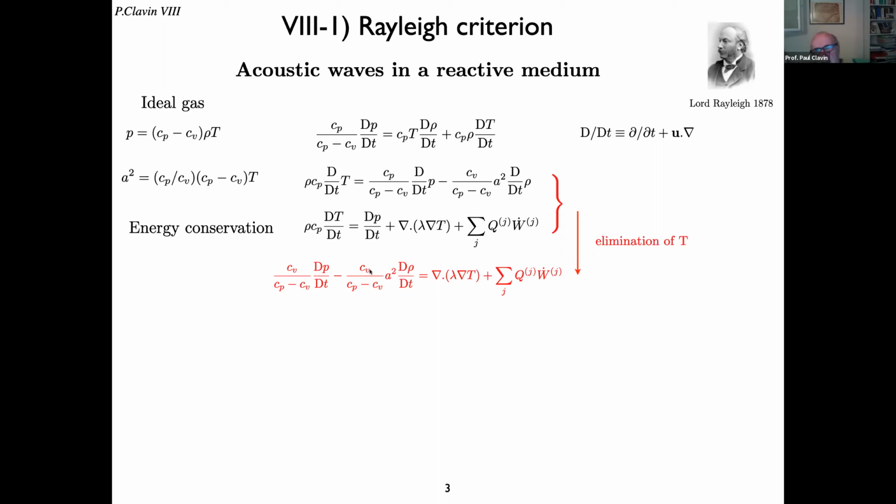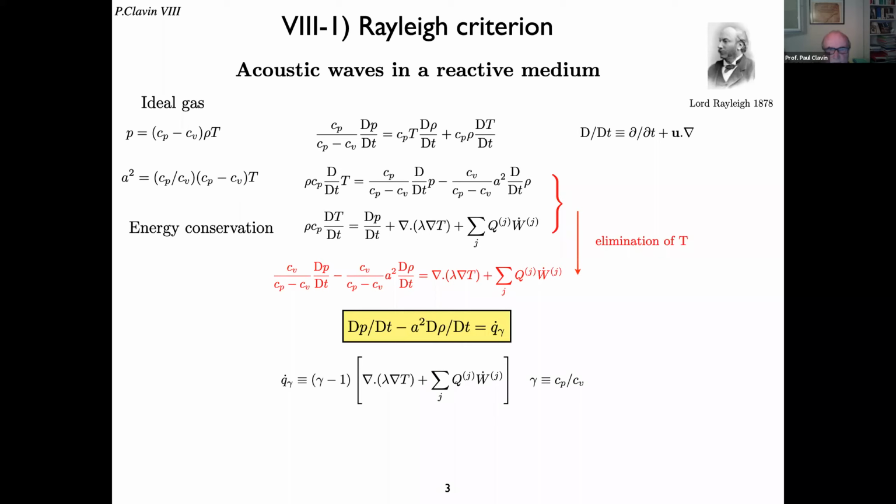So putting the energy equation together with this equation coming from the ideal gas law, and eliminating the temperature, you obtain this equation written in red here, where the Lagrangian derivative of the pressure minus A squared times the Lagrangian derivative of the density is the rate of heat release produced per unit volume locally.